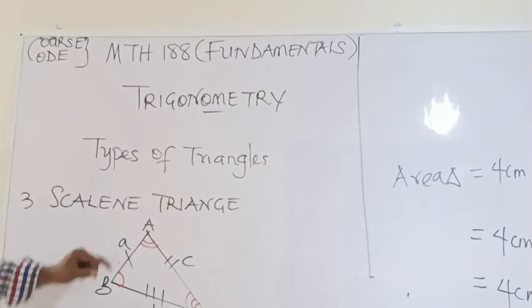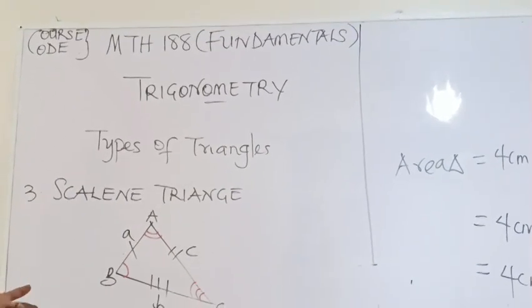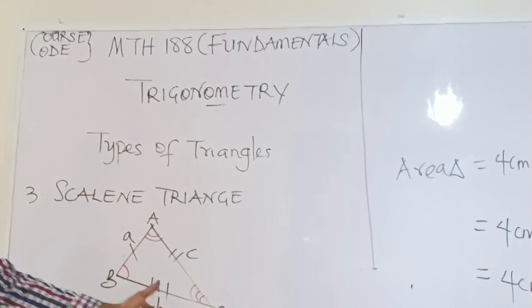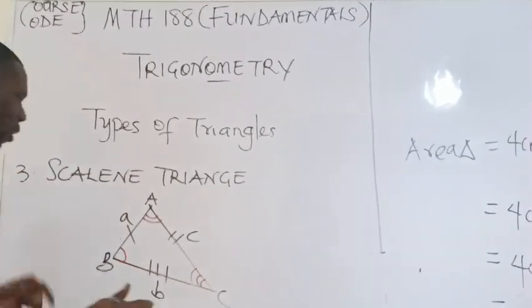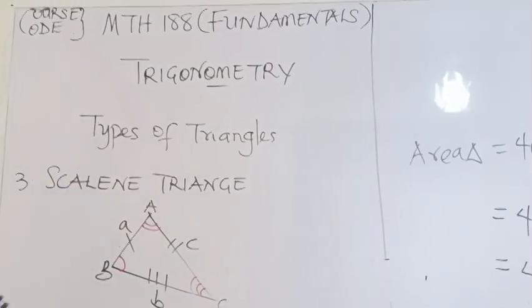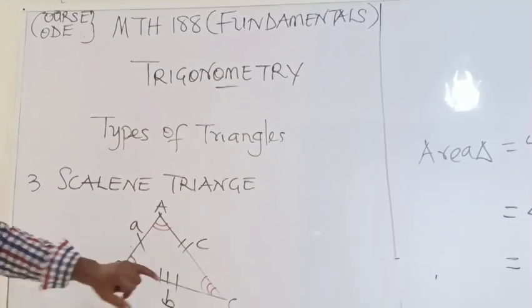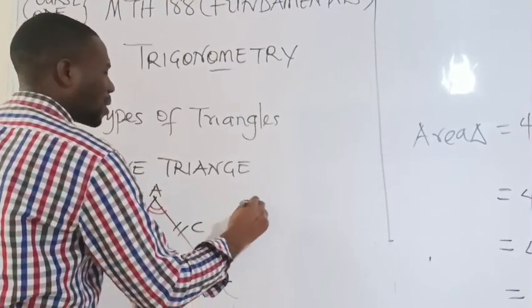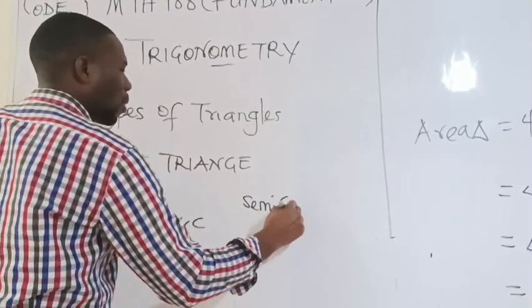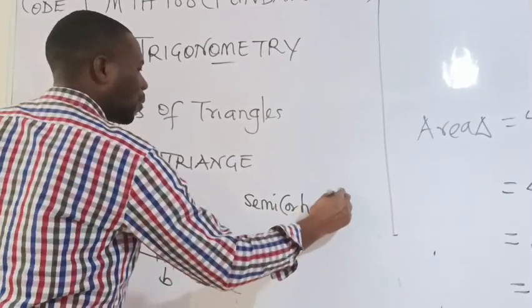Right, so how do we really figure out the area of a scaling triangle whose, okay, sides and angles none are equal? So what we simply do is this, we have to take half the perimeter of this triangle first, right? So we call half the perimeter, we call that the semi or half perimeter.